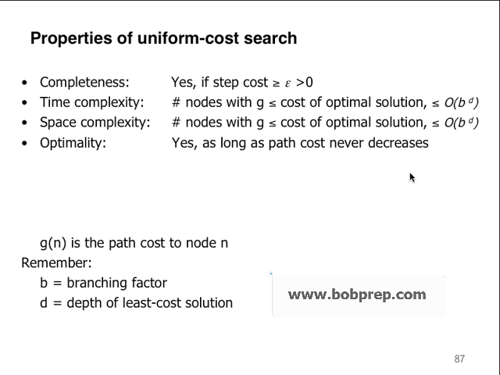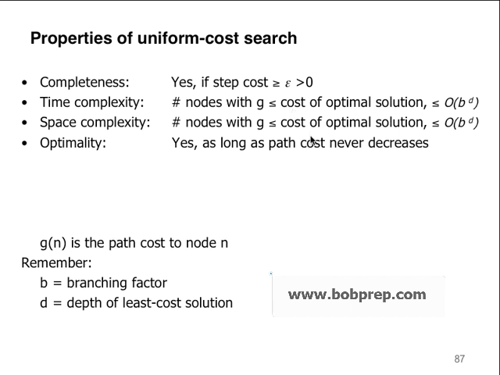If we look at everything, then it's not uninformed anymore. It's an informed search and falls into a totally different category, and we apply a totally different technique to this. So it's not going to be the same. In terms of its properties, for completeness, yes, if the step cost is larger than 0, which means we actually have somewhere to go. Time complexity: the number of nodes with g less than or equal to the cost of the optimal solution.